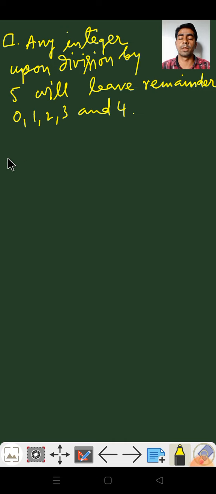Therefore there are 5 equivalence classes, which may not all be distinct, or may be all distinct.